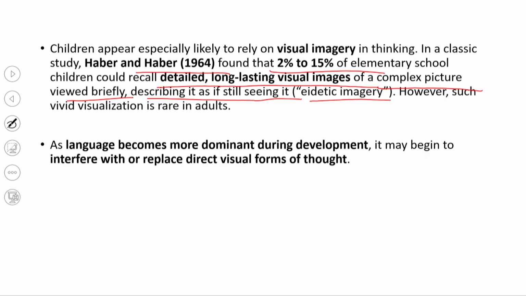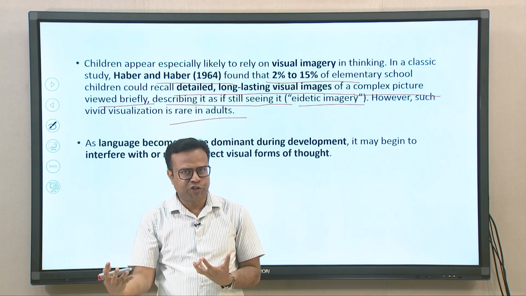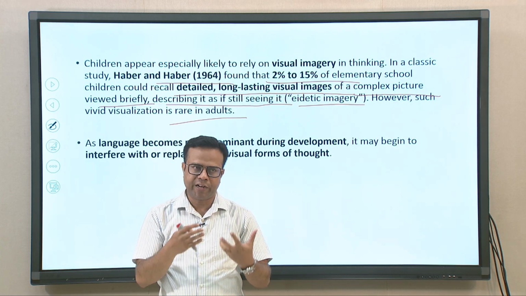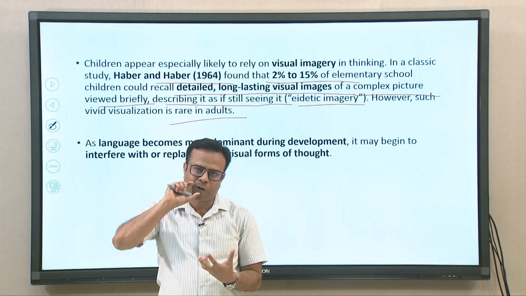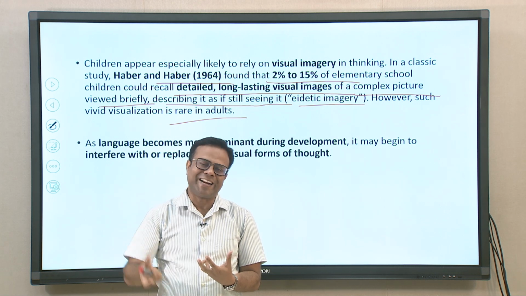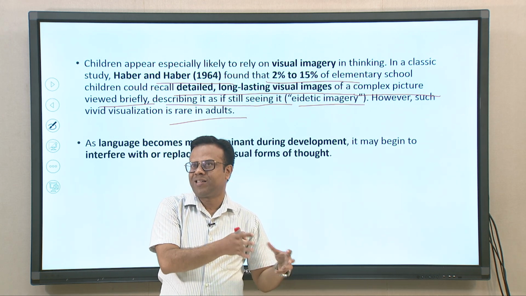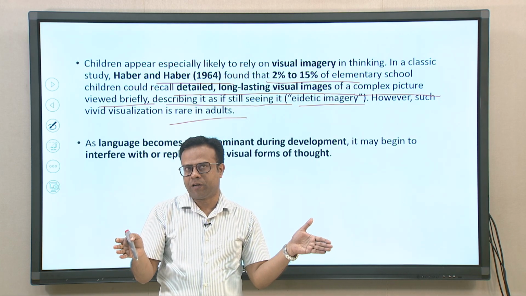However, such vivid visualizations are rare in adults. As we become adults, or as our age progresses, this capability of thinking in terms of imagination seems to decrease because of the development of language. Then we rely more on language, more on concepts, more on abstract ideas in terms of thinking, and less on images. So, that is a general pattern which may not be true for everyone.